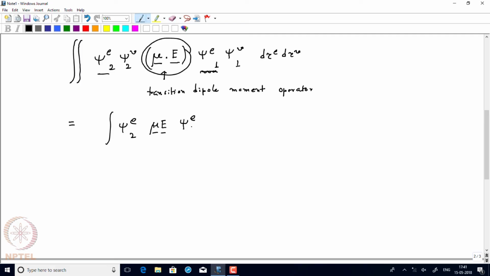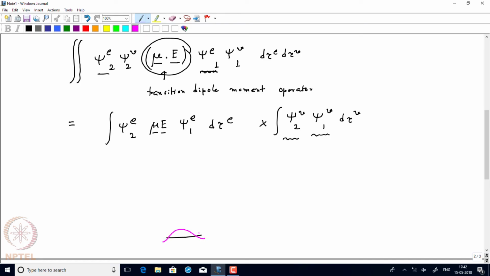So basically it's the electronic part of those two states, and then I have multiplied by a vibrational integral, but which is just an overlap integral between the ground electronic state's vibrational part and excited electronic state's vibrational part.